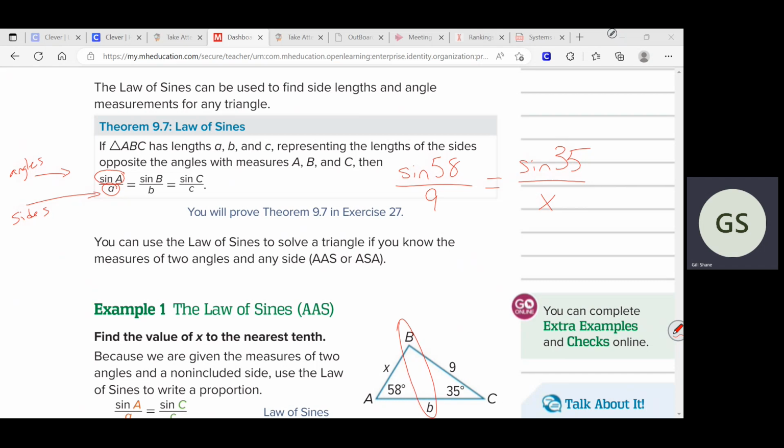So if somebody will take, what's the sine of 58? And give me 4 numbers after the decimal. 0.8480 over 9. And what's the sine of 35? 0.57.